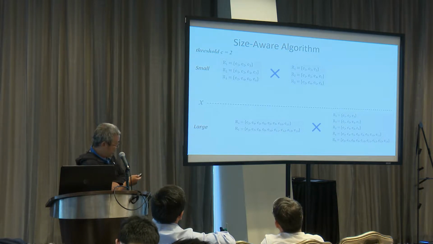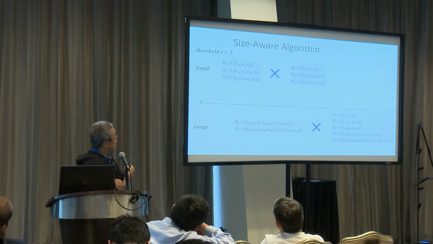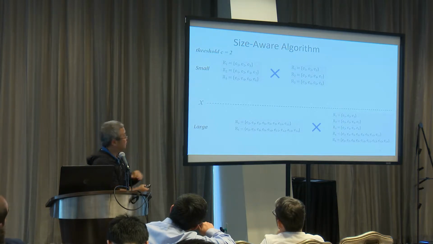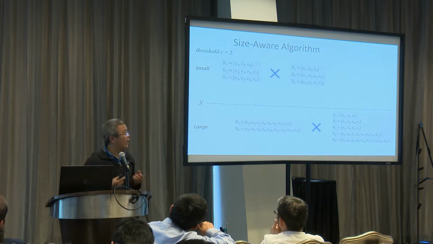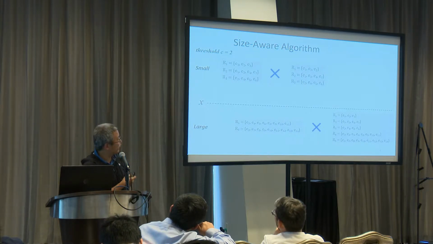I will just show the basic idea. We split the sets into 2 parts based on the size of the sets, and we handle the 2 parts separately and devise different algorithms. For example, suppose we have a size boundary x, and we split the 5 sets into 2 parts. The first 3 sets have less than 5 elements, and the other 2 sets have more than 5 elements.